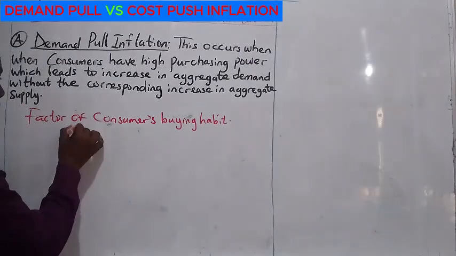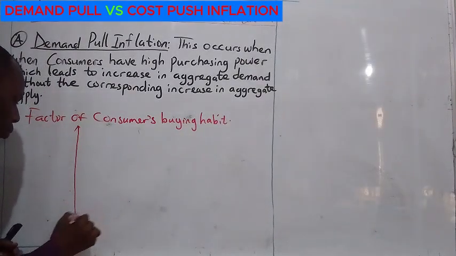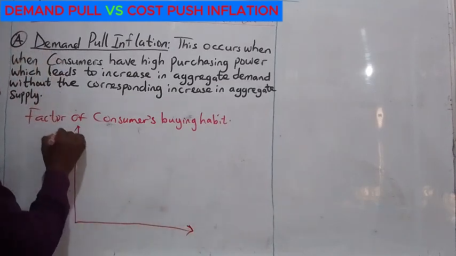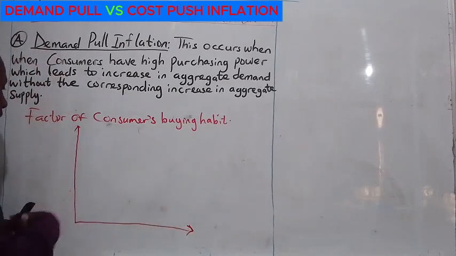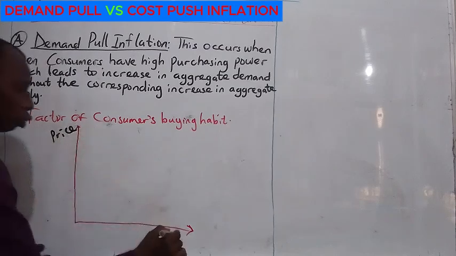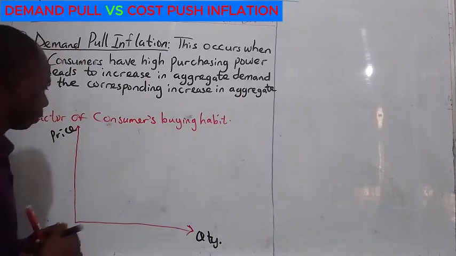Here is the graph. Here we are going to have our vertical line, and then we have our horizontal line. Remember, on our vertical line is where we are going to have our price, and the horizontal line is the quantity being demanded. Have you seen it now?